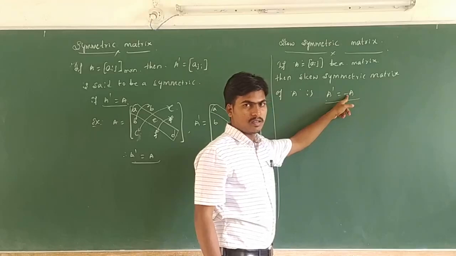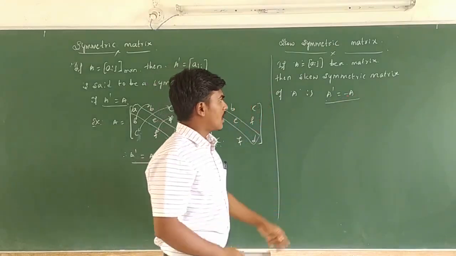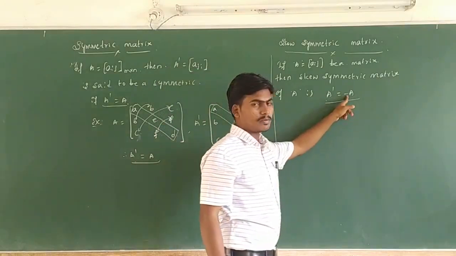Here also we just interchange the rows into columns, but the small thing is it is the negative of the given matrix.